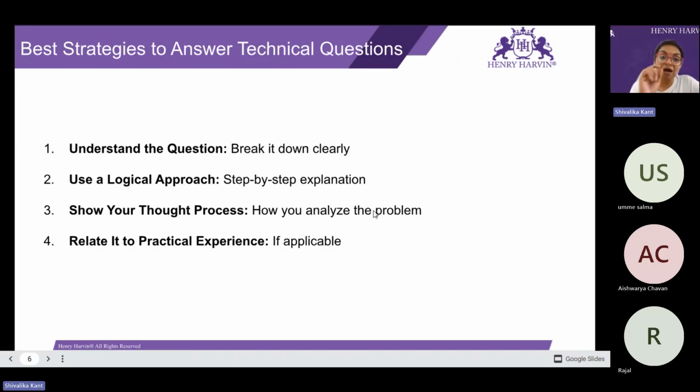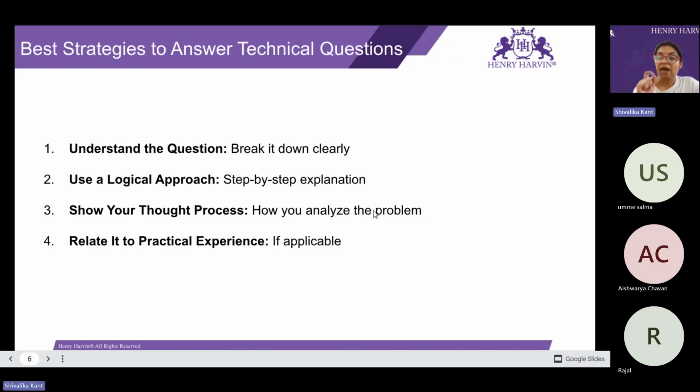Use the STAR method. In the previous sessions, we discussed the STAR method. S is situation, T is task, A is action, and R is result. Situation is set the context. Task is explain your responsibility. Action is describe what you did.